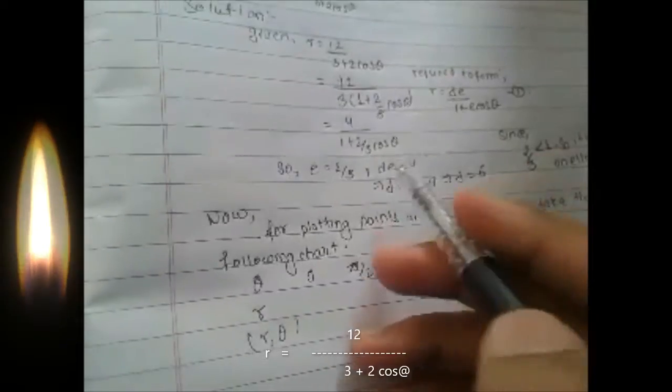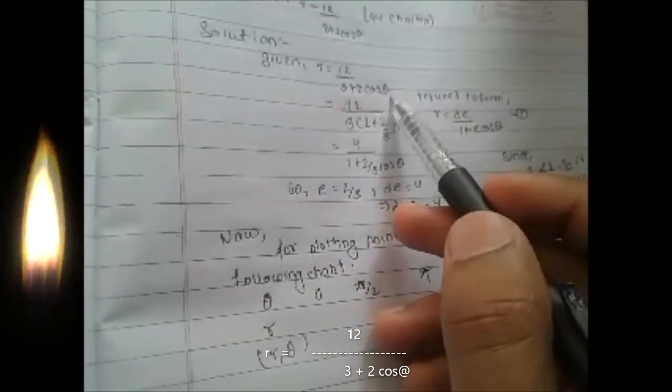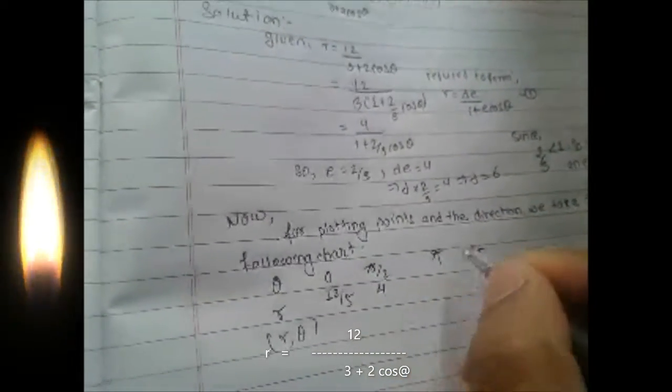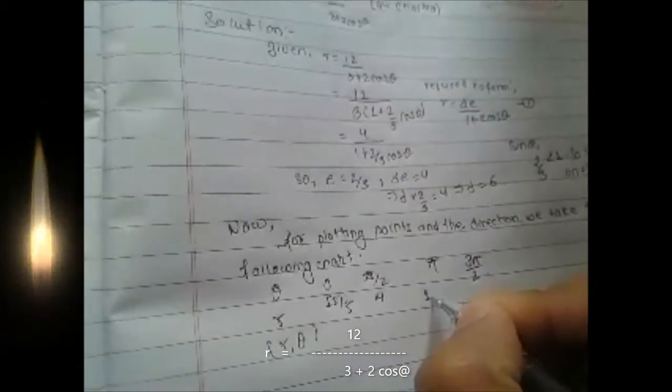Here we put the value of theta is 0, cos 0 is 1, 3 plus 2 is 5, so 12 by 5. At pi by 2, cos pi by 2 is 0, 12 by 3 is 4. At pi, cos pi is minus 1 and it is 12.